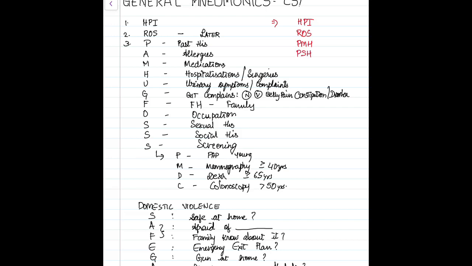If you don't have anything significant to write in this, then you can write PMH/PSH is non-contributory. Okay, and then for sexual or social history, you can just mention SH, and if it's a female patient, you can mention the sexual history under OBGYN. Okay, and that is for domestic violence.